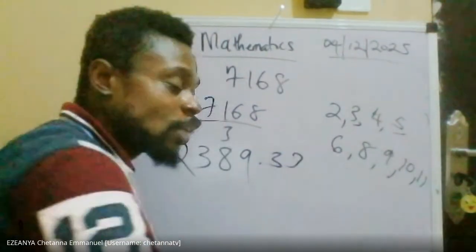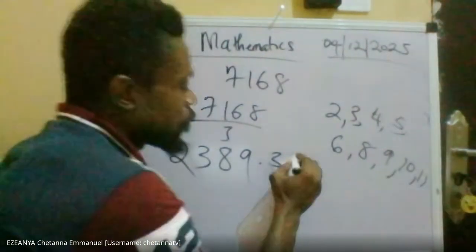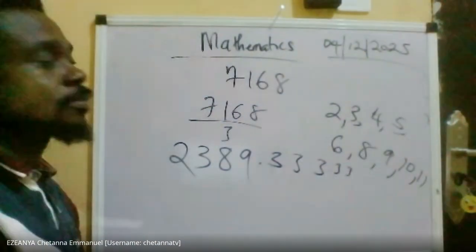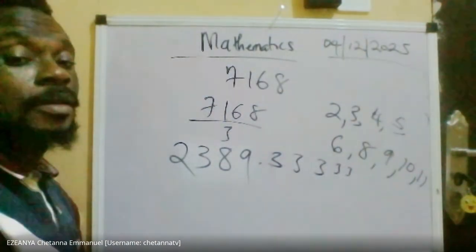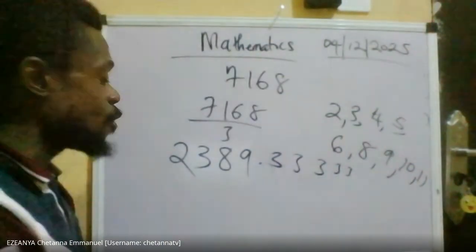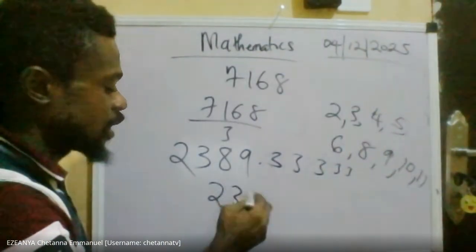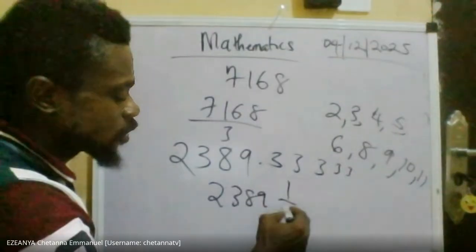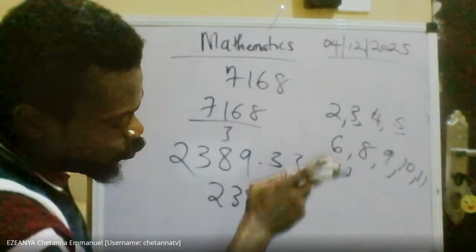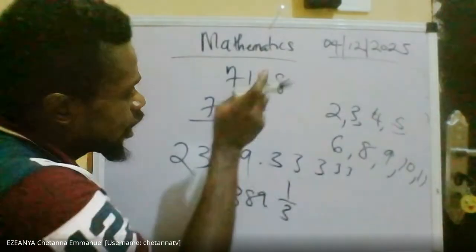So this number will give you 3, 3, 3, 3. This is as a decimal fraction. If you want to leave it as a common fraction, it becomes 2,389 and 1/3. Because 3 times this, added to 1, will give you this.